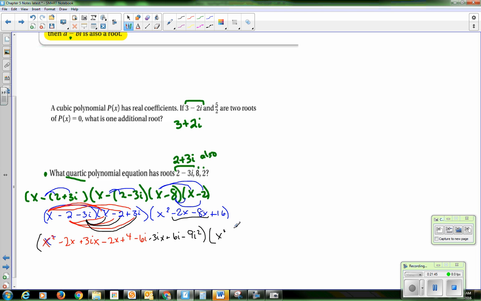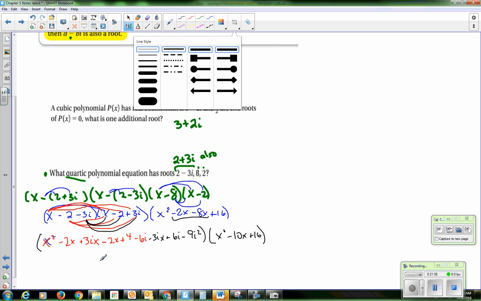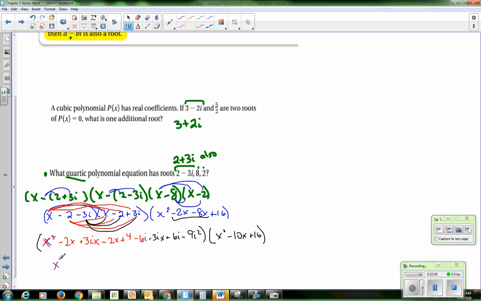Okay, so we got x squared. These combine together: negative 10x and plus 16. Now I have to combine like terms. I thankfully only have one x squared term. I'm going to cross them off after I've checked to see if there are any like terms. Negative 2x minus another 2x is negative 4x.